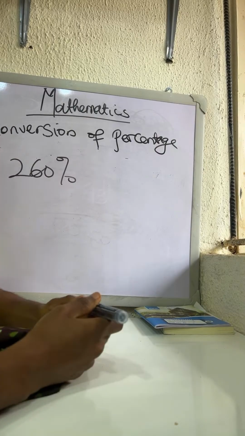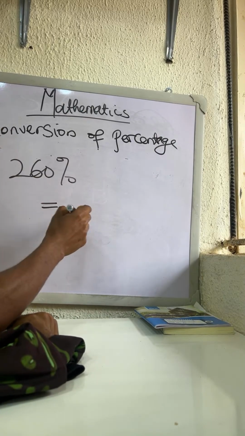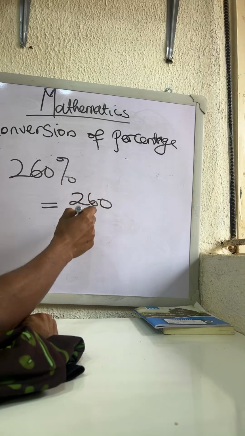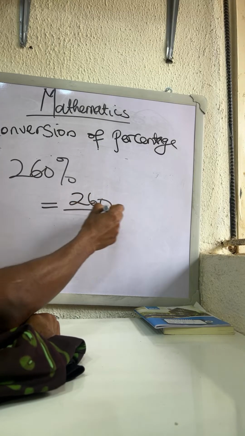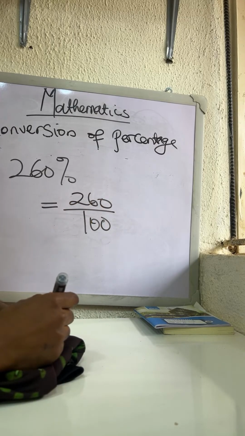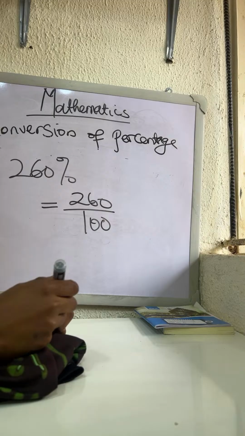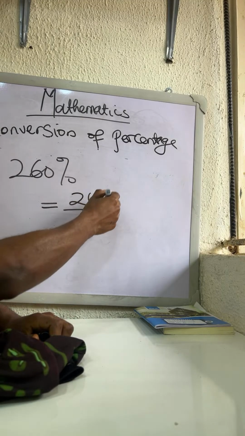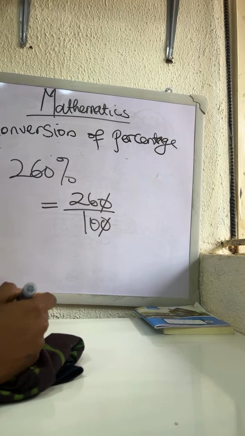Yeah. That answer will now be 260 over 100. Are you getting me? Yes. So you cancel out the zeros first.